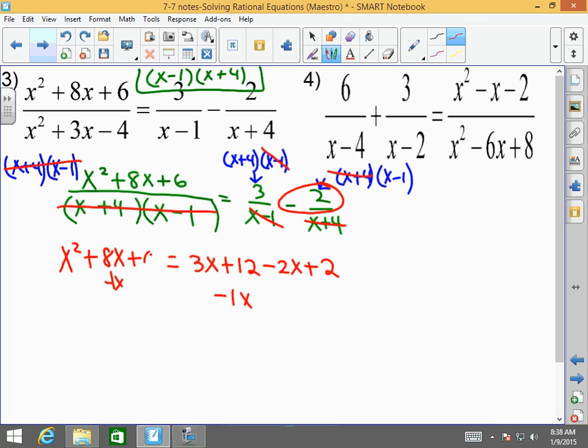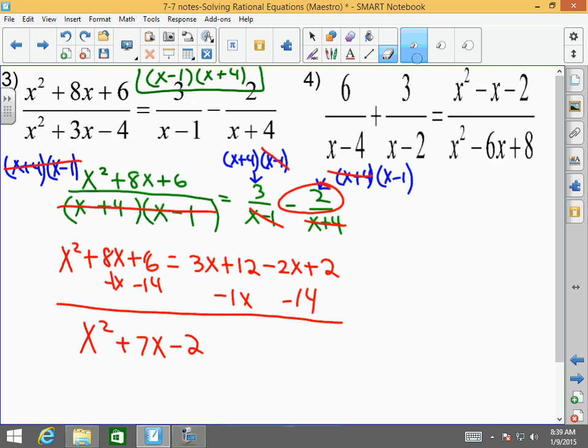So I'm going to subtract 14 to both sides. You guys see what I did there? I skipped a little bit. Okay. So then this gives me x squared plus 7x minus 8, correct, equals 0.